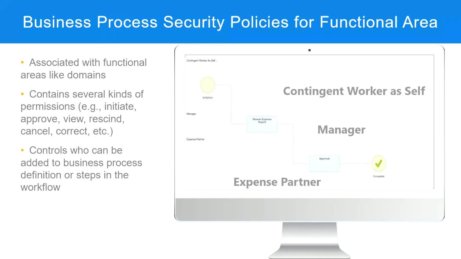So each of those kind of things will be controlled by the business process security policy. Okay. And another important thing is the business process security policy also controls who can be added to the business process definition or steps in the workflow.